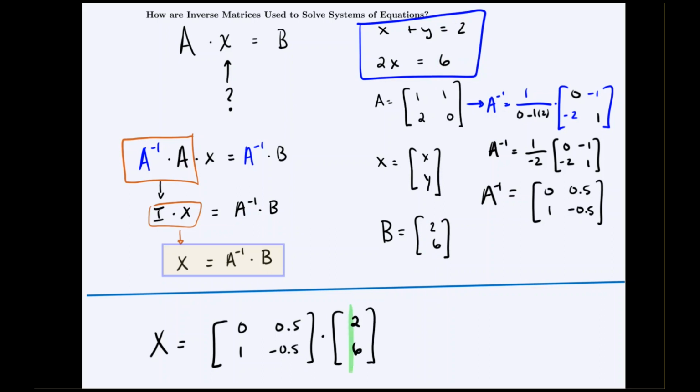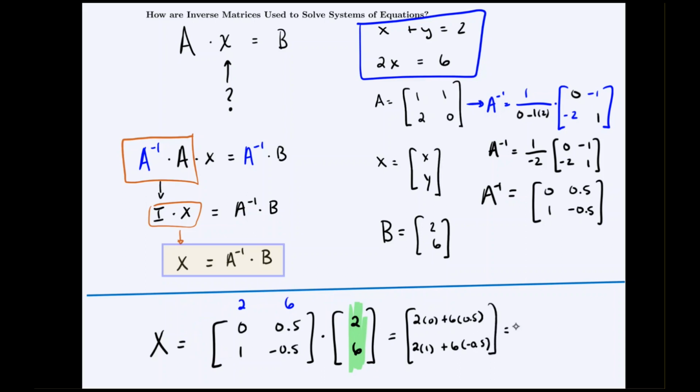And when we do so, we know we take the first column in the second matrix, we lift and turn. So we're going to imagine a 2 here, a 6 here, and we take that and multiply by each row. 2 times 0 plus 6 times 0.5. Take that to the next row. 2 times 1 plus 6 times negative 0.5.